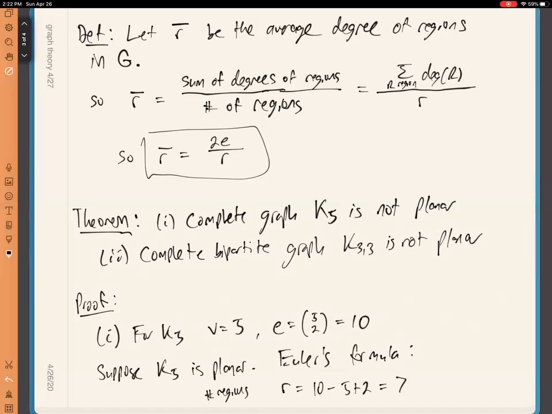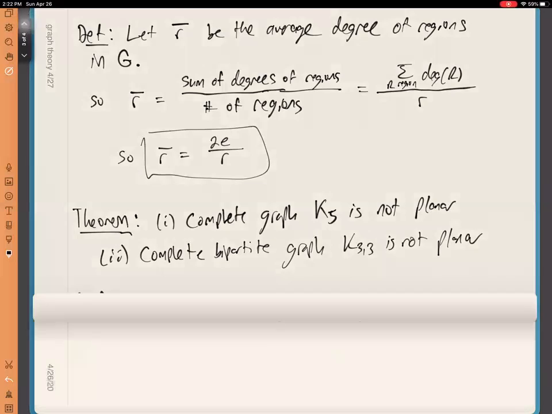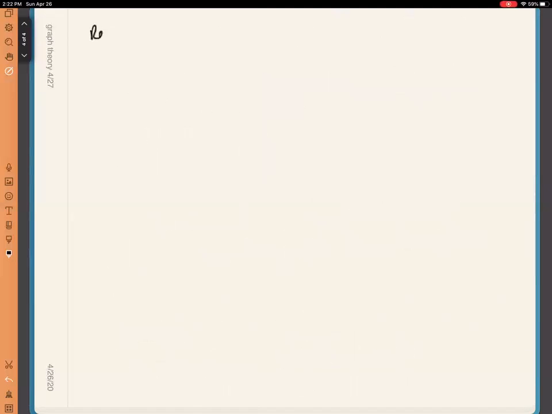And what we're going to do now is plug this into the previous formula for R bar, and we're going to obtain something that's not possible, and therefore it can't be planar. So let's do this now. Right. Well, recall from above that the average degree, right, I have a formula for the average degree, so it's equal to 2E, twice the number of edges, divided by the number of regions.